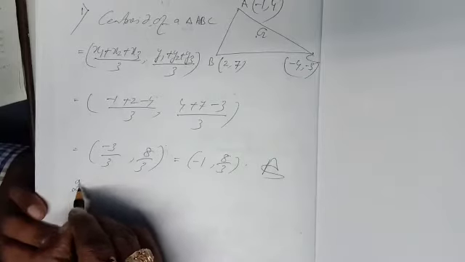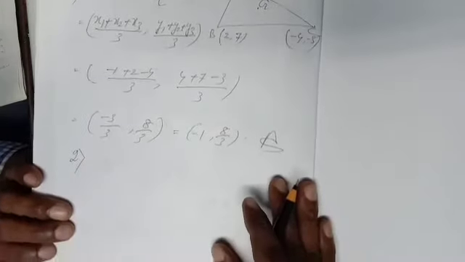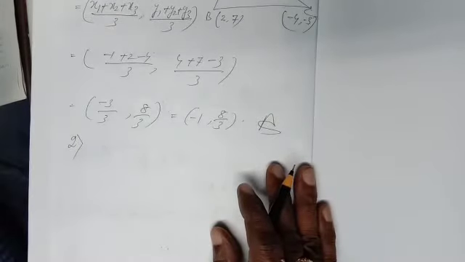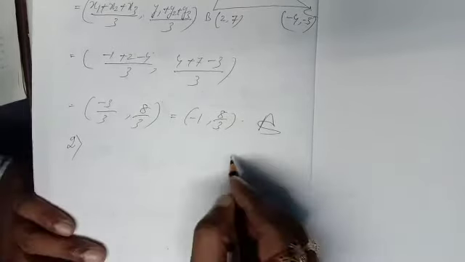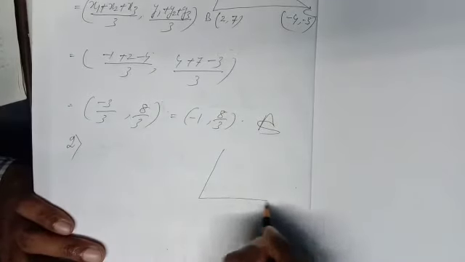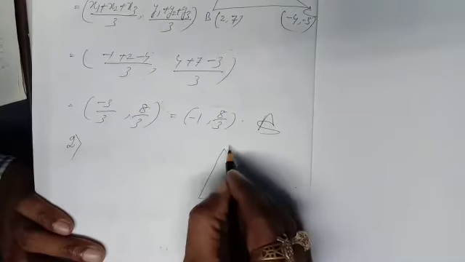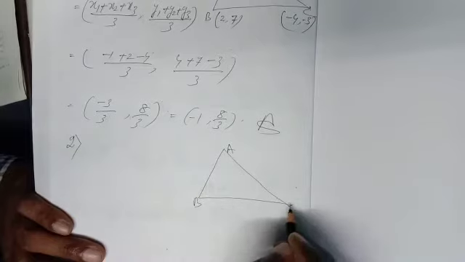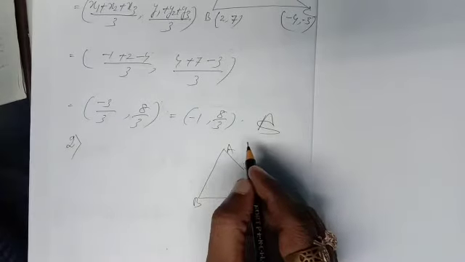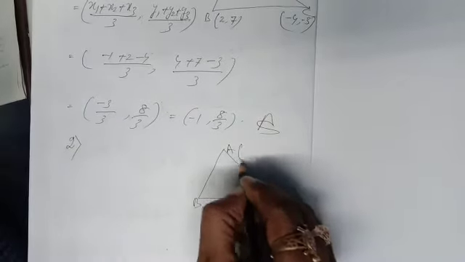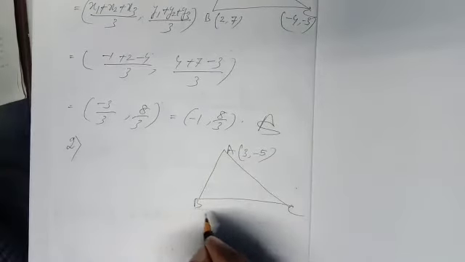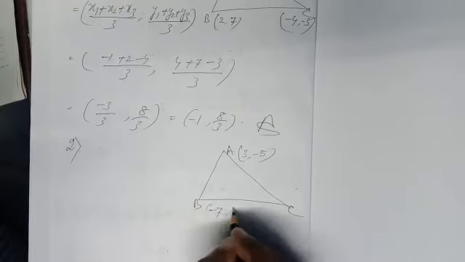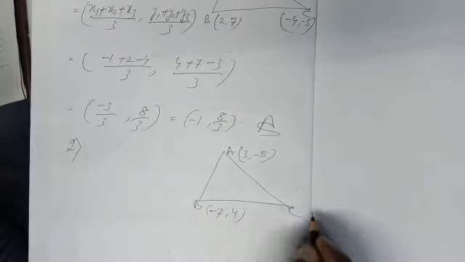Next is question number 2. Find the third vertex of a triangle if two of its vertices are given. Suppose we draw a triangle ABC. In this triangle, vertex A is given as 3, -5, B is given as -7, 4, and the third vertex is not given.